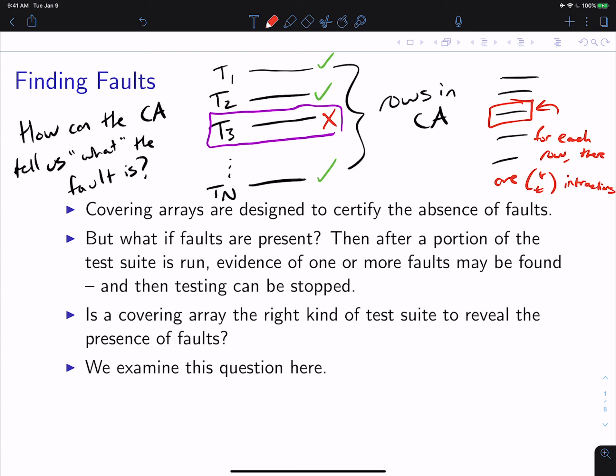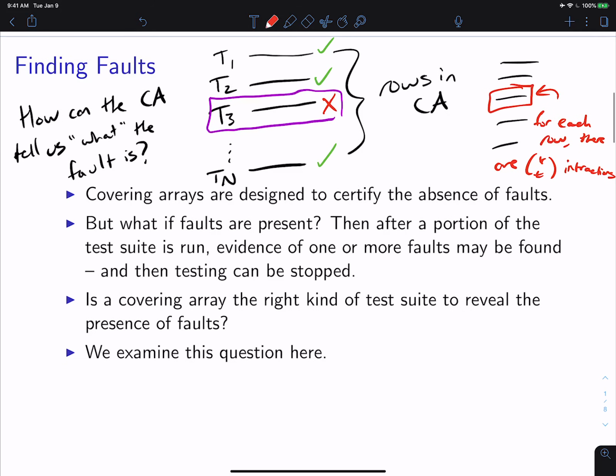So we would have to perform k choose t tests to actually determine what interaction was causing it. And that's on the assumption that we know how many faulty interactions there are, but there could be many more potentially.